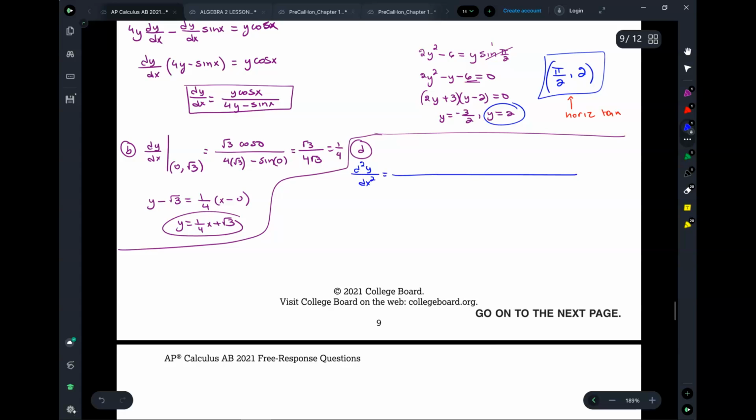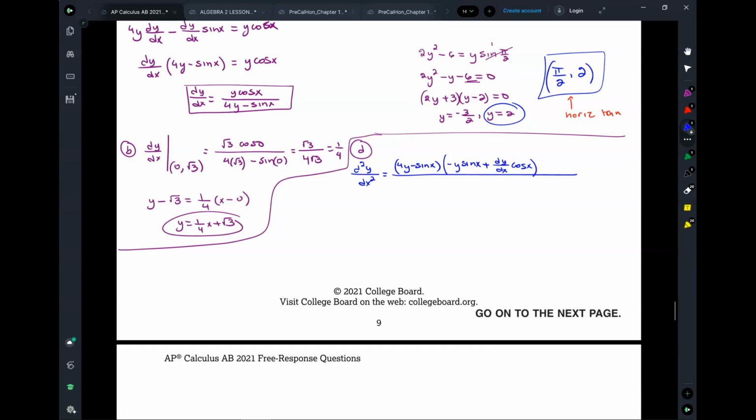Okay. This is like quotient rule, right? So low d high. What's the derivative of the high? That's a product rule, right? So we're going to do uv prime. So negative y sine x plus u prime dy dx cosine x.